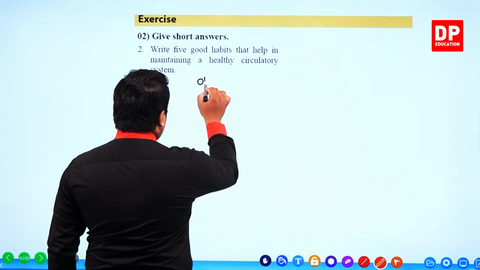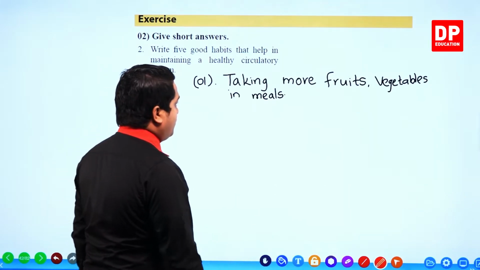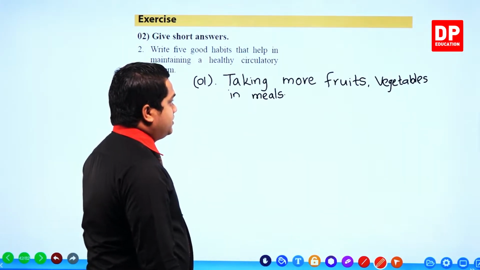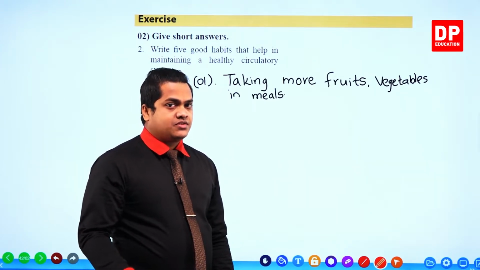Number 1, taking more fruits and vegetables in meals. In order to get a proper nutritional level, we have to take more fruits and vegetables.